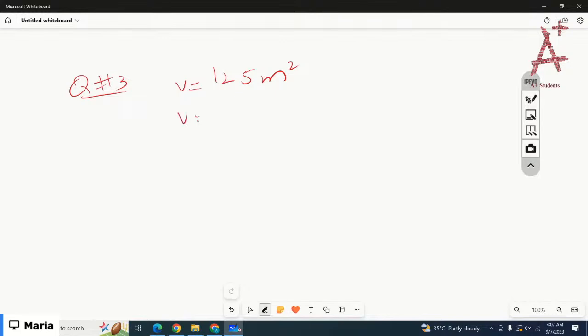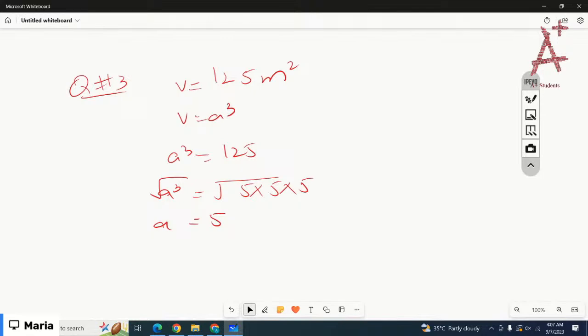V equals a cubed, that means a cubed equals 125. So you can cube root both sides. That would be 5 times 5 times 5. So a equals 5, right? That means the dimensions of the cube are 5 times 5 times 5. That is meters cubed, not meters squared, right?